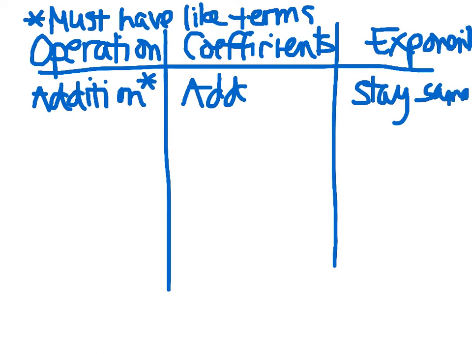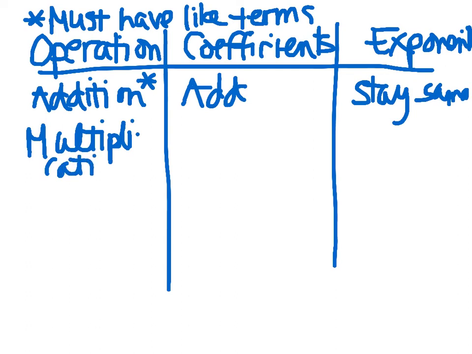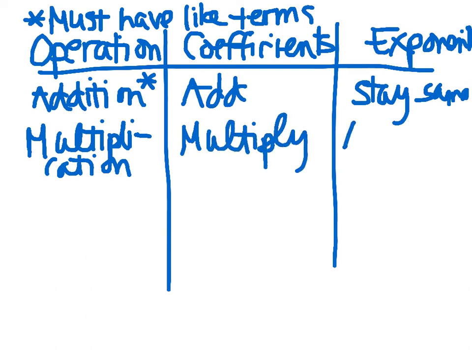Remember, if I have 2x²y's plus 3x²y's, I have 5x²y's all together. Unlike multiplication, I have to multiply the coefficients and I add the exponents, of course, of just the common bases.